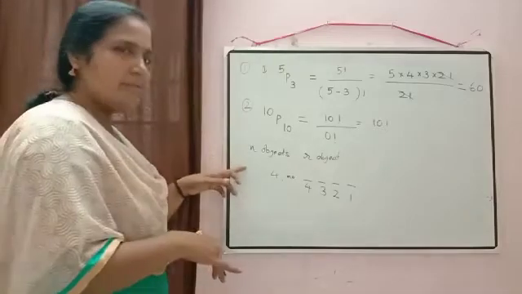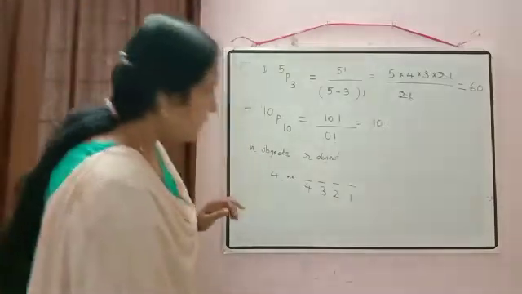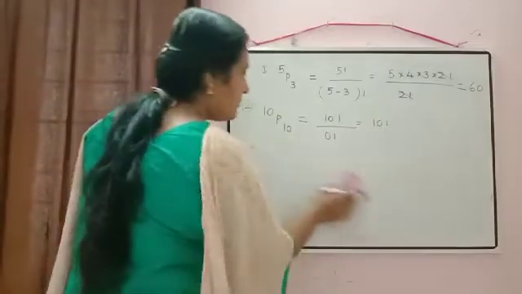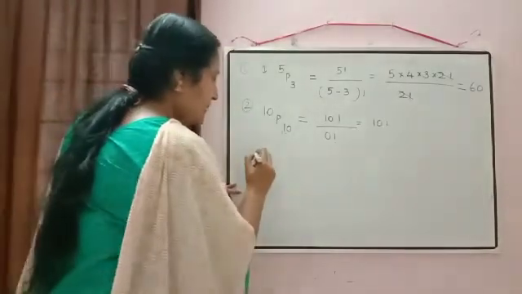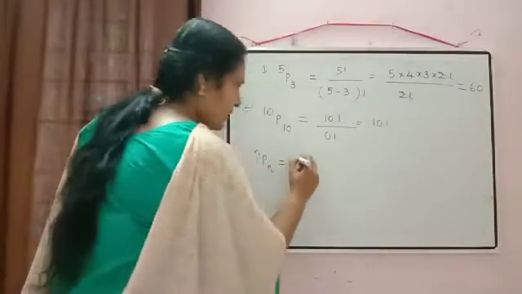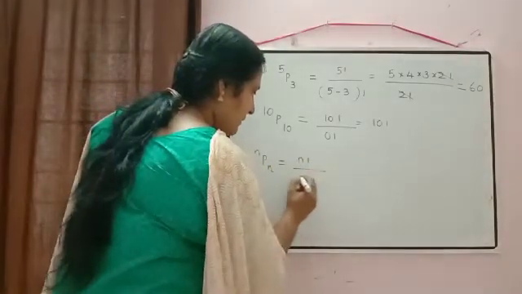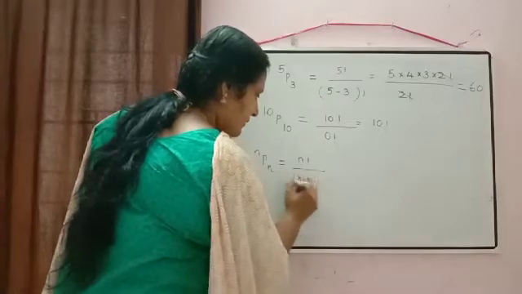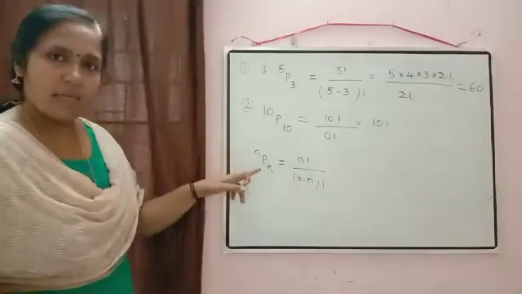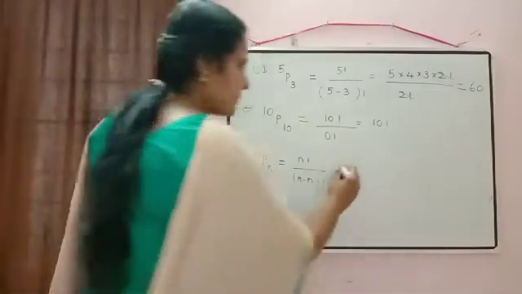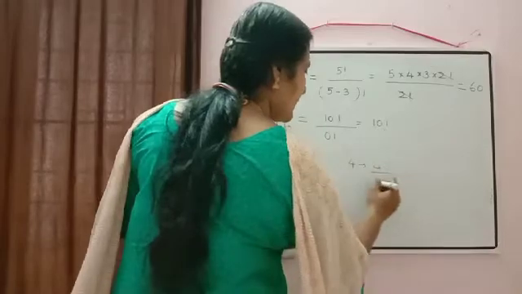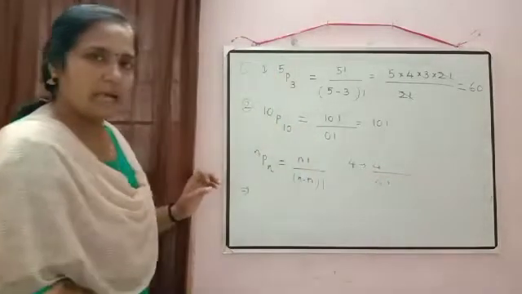So if n objects are there and we have to fill all n places, then how will the formula become? The formula will come in this way: nPn is equal to n factorial by (n minus n) factorial. Just now we said if suppose 4 numbers and 4 places are there, they can be arranged in 4 factorial ways.